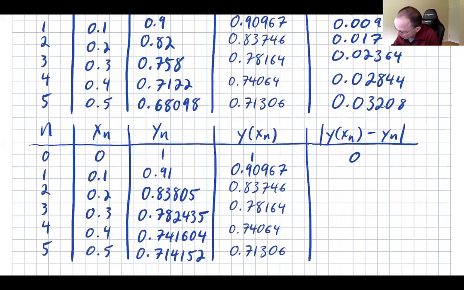So let's see. 0.00, oh, we get 3 zeros off the bat. How many digits do I have up there? 5, so let me do it to 5 decimals, like that.